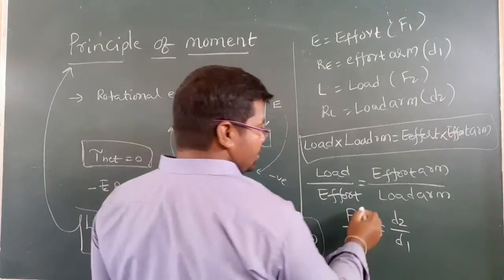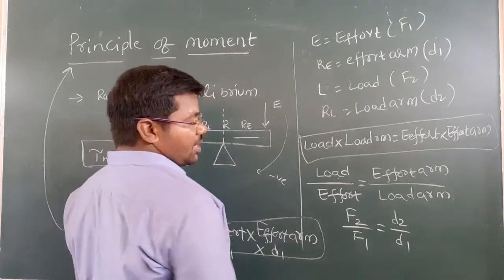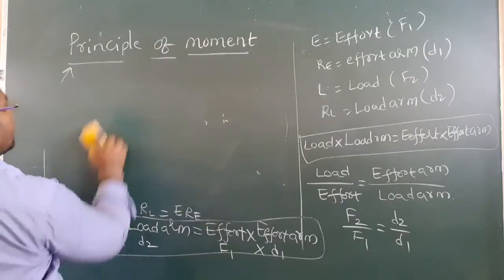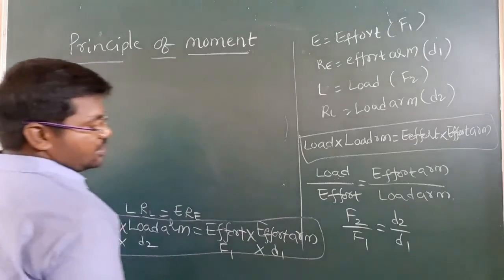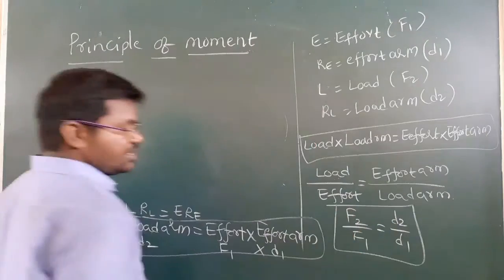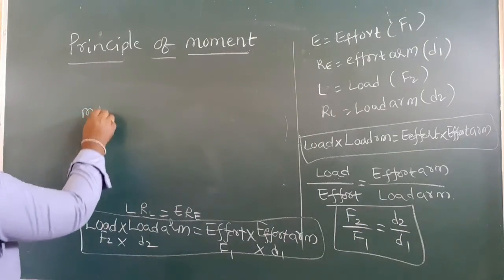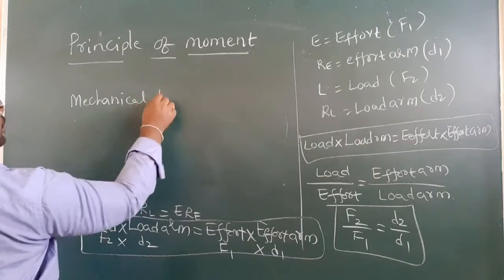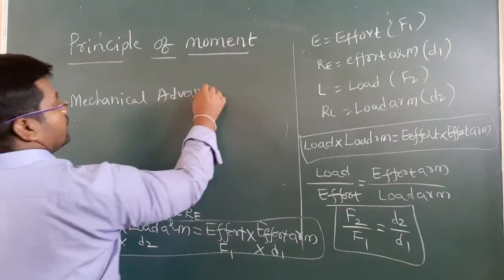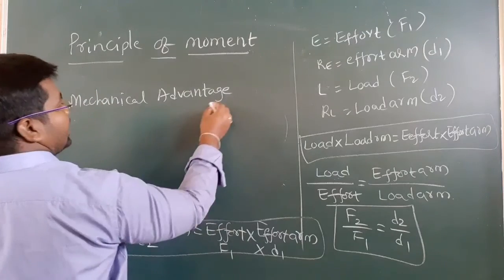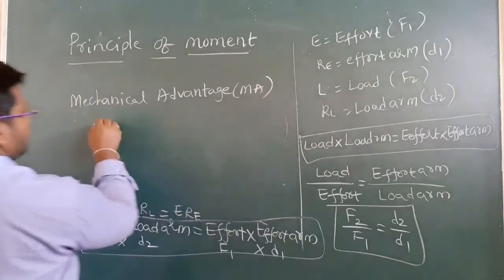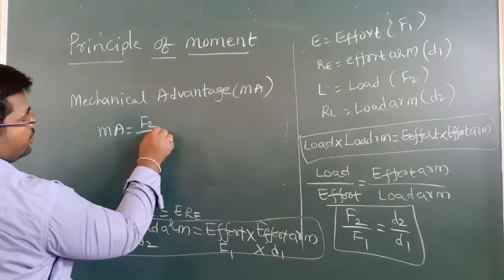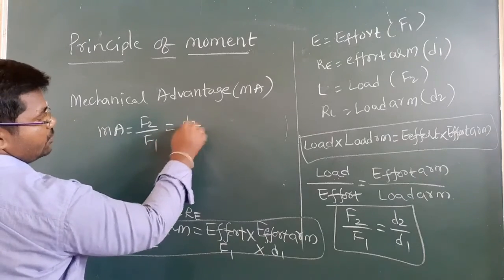So load by effort we can say is mechanical advantage, my children. See here, this is the equation: mechanical advantage, MA, is equal to F2 by F1, that is equal to D2 by D1.